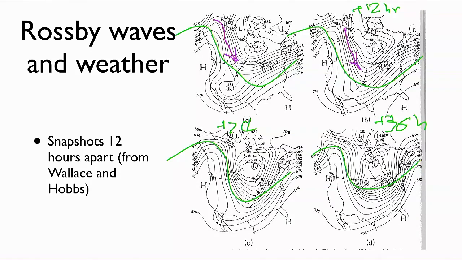But you can also see these little, well, they're drawn on here as fronts. Okay, these are shortwave troughs. They're places where the curvature of the flow is tighter. And there's one, sort of over North Dakota or so at the beginning, and then it moves, and by the end, it's gone past the Great Lakes. And then there's another one which they've identified up here in northern Canada, which by the end is now where the other one was at the beginning.